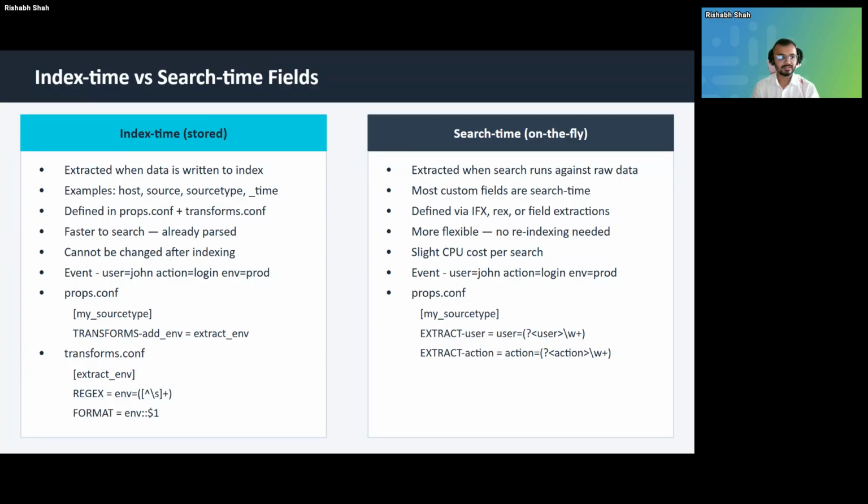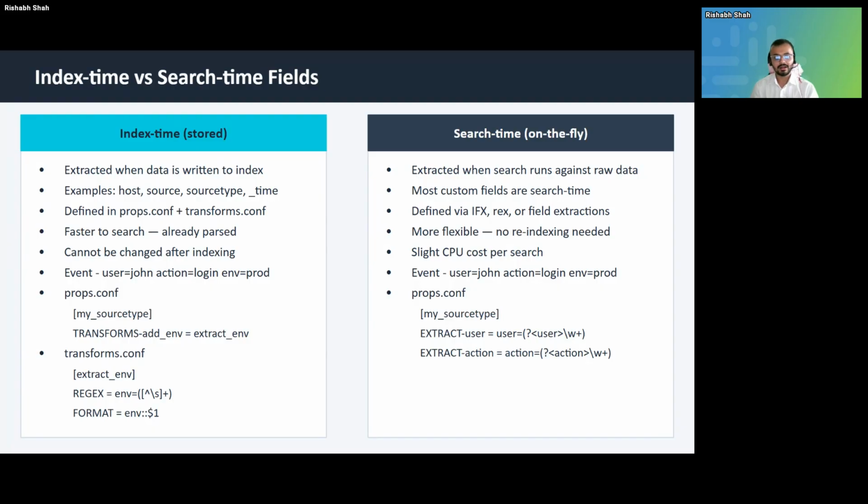Now, let's say I want to correct my mistake and change it to USER as the field name. I need to redeploy my props to change that particular field name. It will only be applied to the logs which are coming after I made the changes. The logs which already got ingested will still have USR as a field name, since the extraction happened on the go while the logs were ingesting.